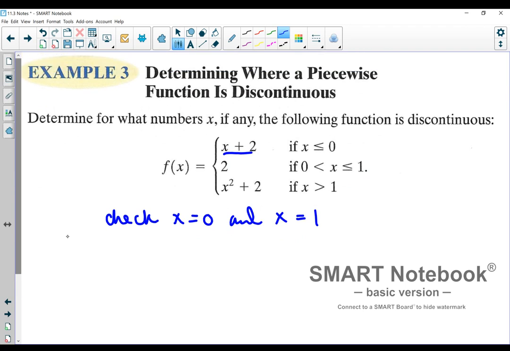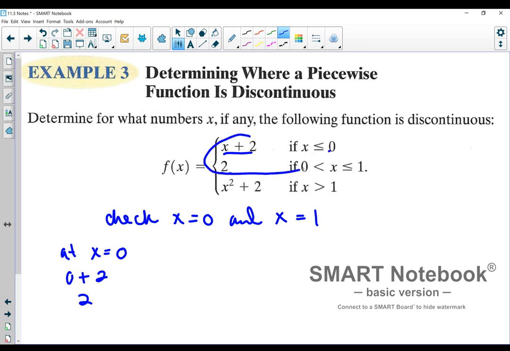At x equals 0, this first function is x plus 2, so that would be 0 plus 2, or 2. The second function is just the number 2, and those are the ones that share the 0. Since 2 equals 2, they match. We would say it's continuous.